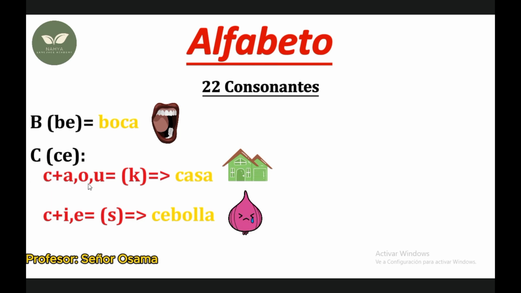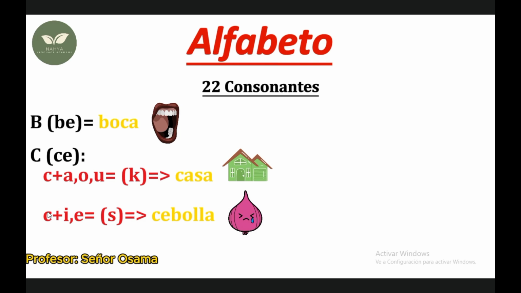In the first pronunciation, when we put C beside a, o, or u, we have the sound of k, like ka. We can see this in the example of casa, which means house.